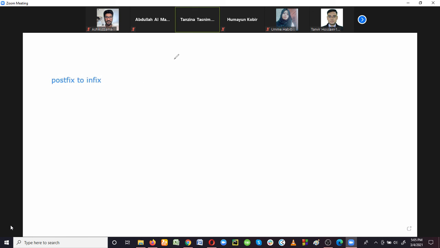Into the stack. Okay, and the process is whenever you get an operand, just add it to the stack, and when an operator comes, just pop the topmost two data elements from the stack and then place that operator between them. So just try to solve another one, then maybe it will be clear. Okay.